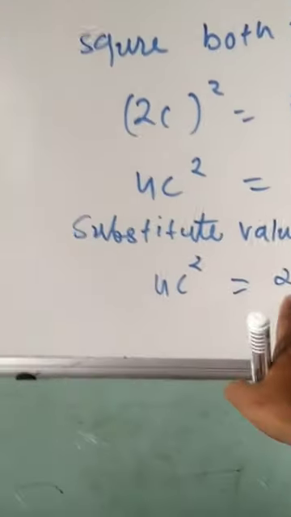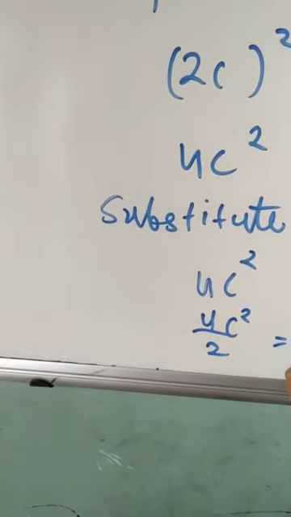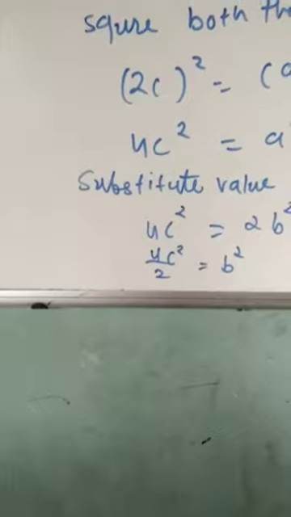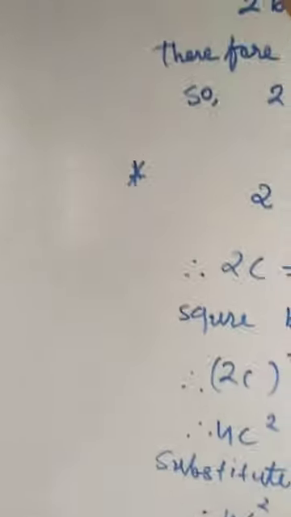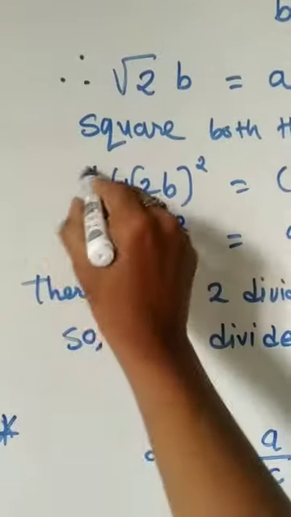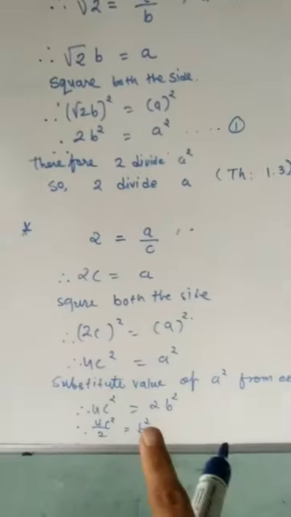Here when we take this 2 down, it becomes 4c square by 2 and it is equal to b square. Now here we will cancel out this 2. So it becomes 2c square is equal to b square.